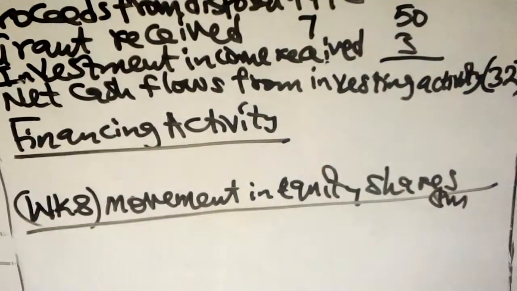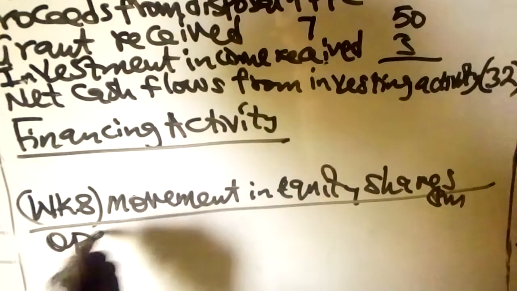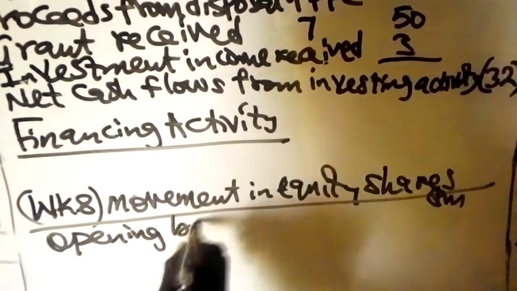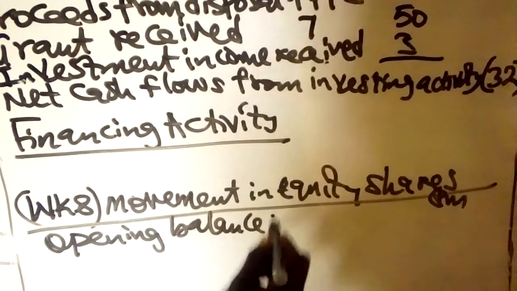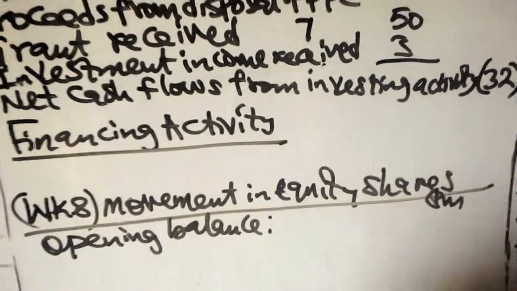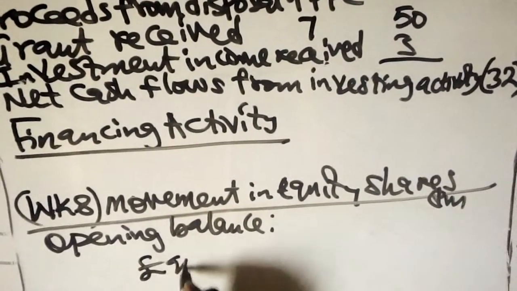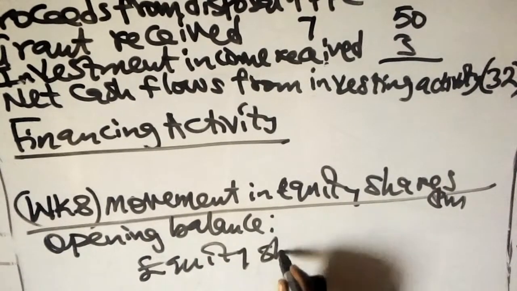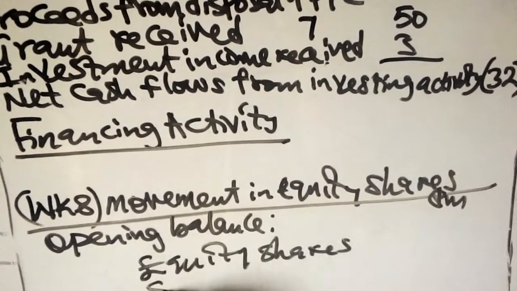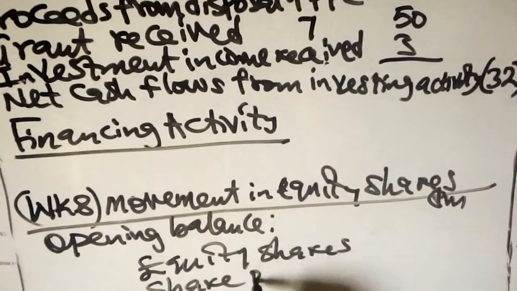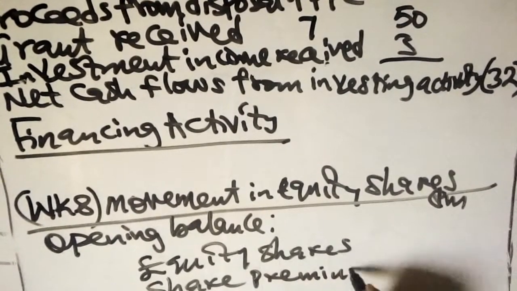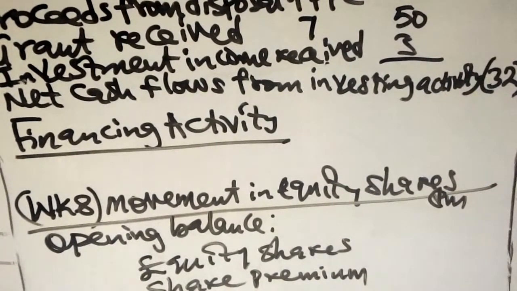So you start with the opening balance, as usual. Your opening balance in equity shares and the opening balance in share premium will be brought together.